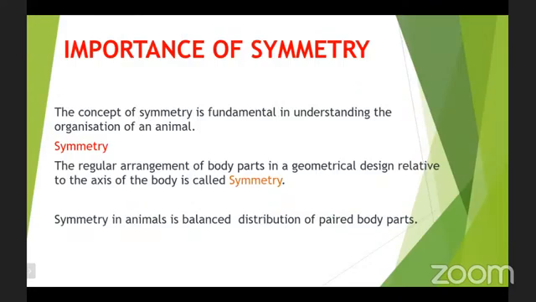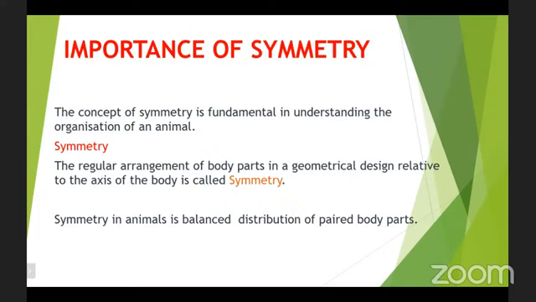The concept of symmetry is fundamental in understanding the organization of an animal. With the help of symmetry, we can understand the level of organization in an animal. To estimate the organization, or to classify any animal, it will be very easy with the help of symmetry.